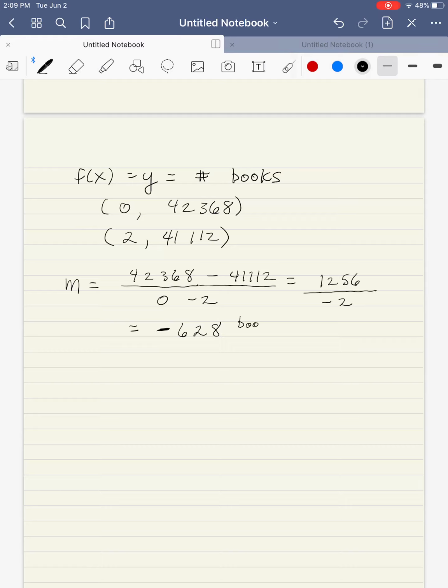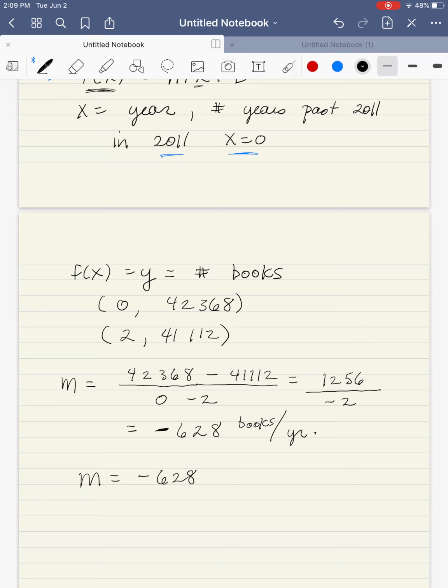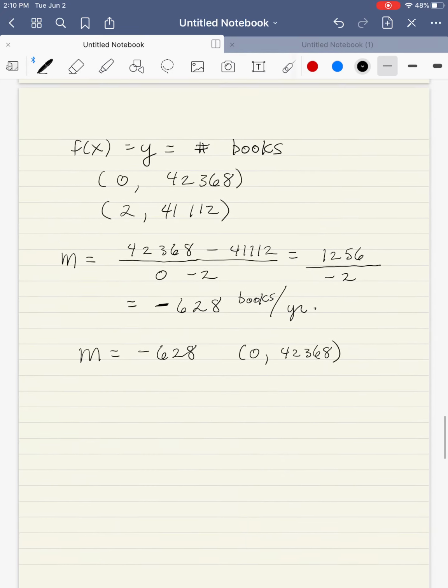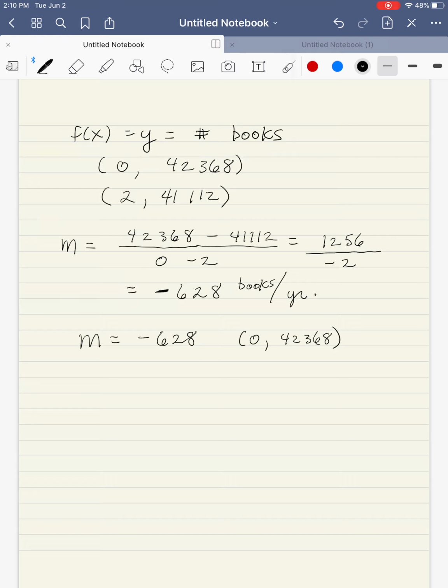So this is -628 books per year. That's my rate of change. But just doing the math here, I have that my m is -628, and I can use either ordered pair. So I'm going to just go ahead and use the 0, 42,368.